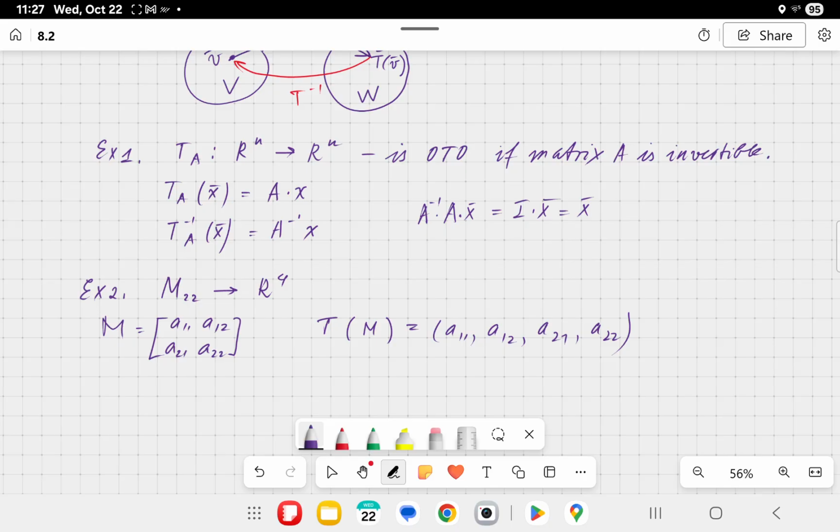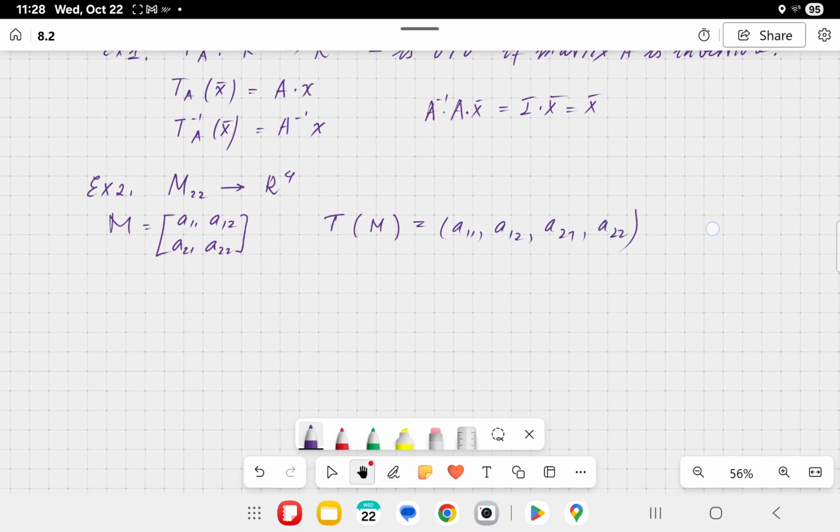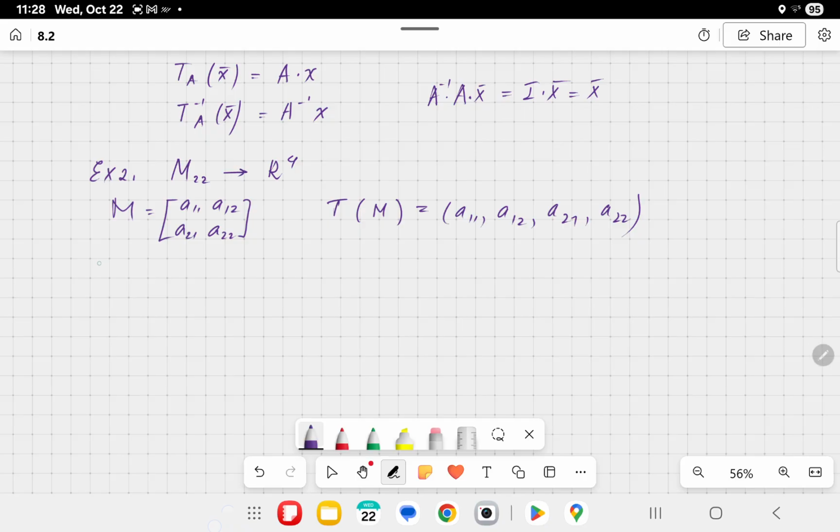Well, basically, guys, a very good idea if you want to check if a transformation is one-to-one is to check the kernel of the transformation. Let me give you an example of a transformation that is not one-to-one. Example number 3. So remember we had this orthogonal projection. Well, for example, projection on the x-axis. We have a vector, so that's vector x, for example, and this is the transformation of x, projection on the x-axis, right?